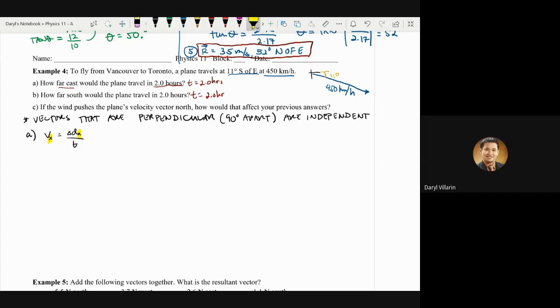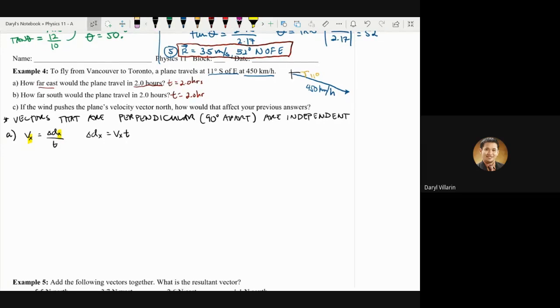So to solve for how far, delta dx equals vx times t. We don't need to use 450 kilometers per hour here, because in letter A I need the x component of the velocity. So Vx is just given by this component here.